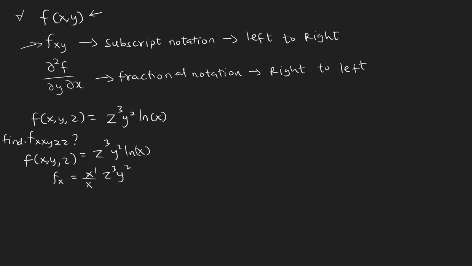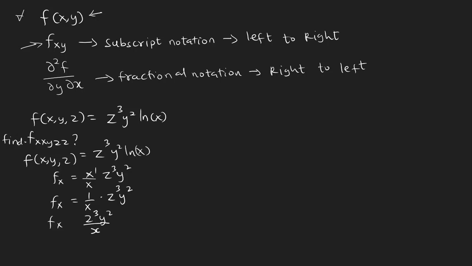The z to the power 3 and y squared are considered to be constants. And x prime is the derivative of x, which gives us 1. So we have 1 over x times z to the power 3 multiplying y squared. I can write this as z to the power 3 y squared over x.